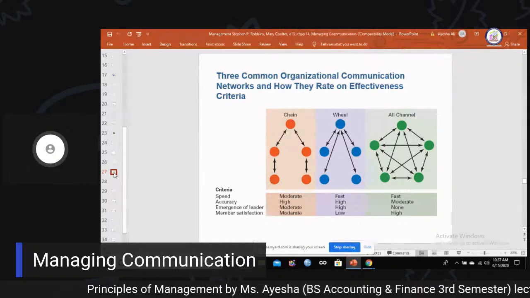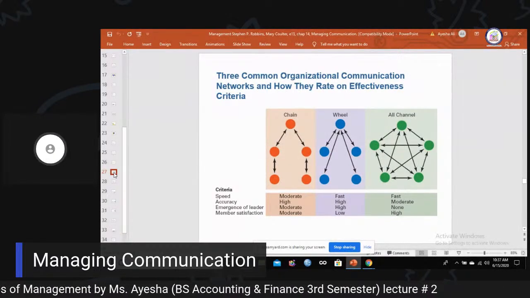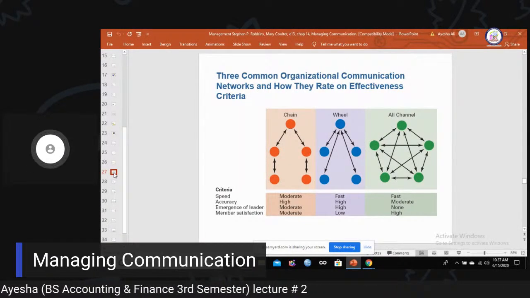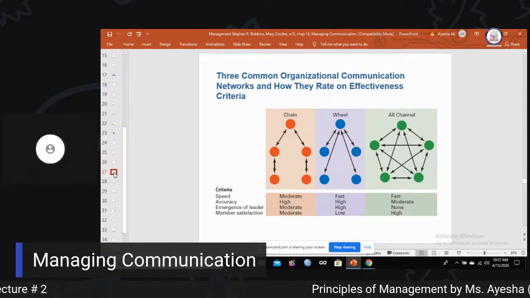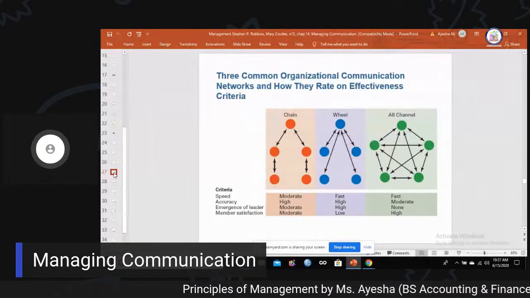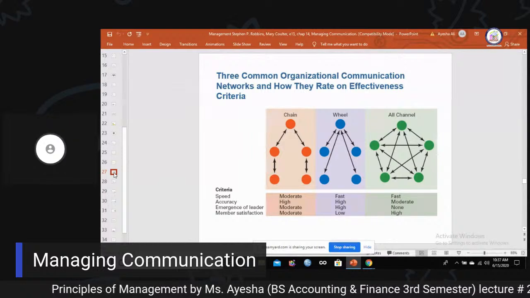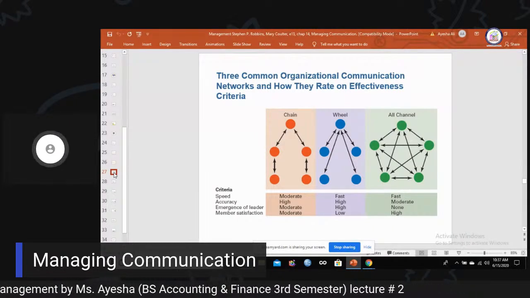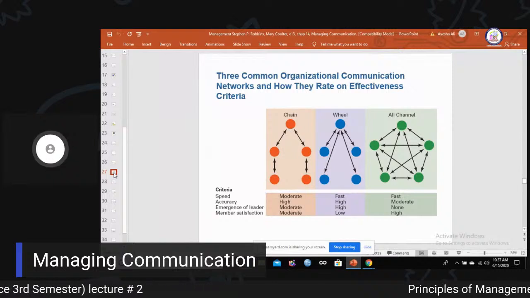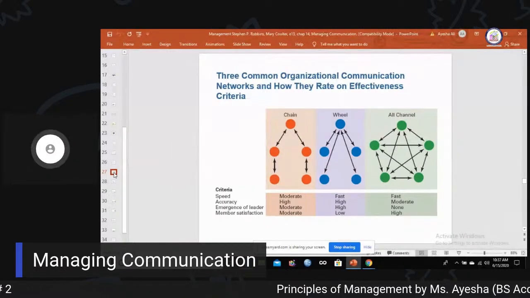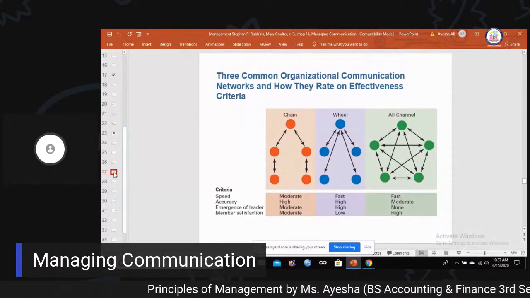Okay, then we have emergence of leader. In chain communication we have moderate emergence of leader because the lower level approaches the mid level, and the middle level approaches the high level. So there is a moderate chance of a leader emerging. Then we have the wheel.